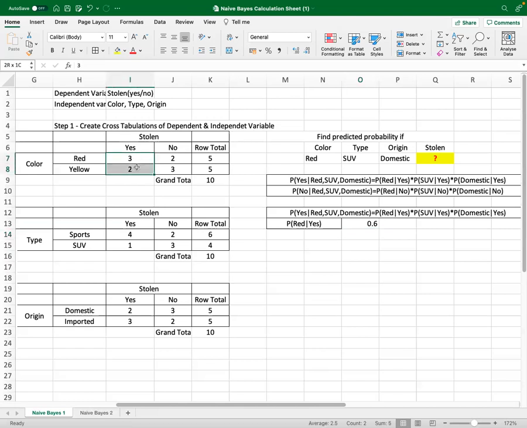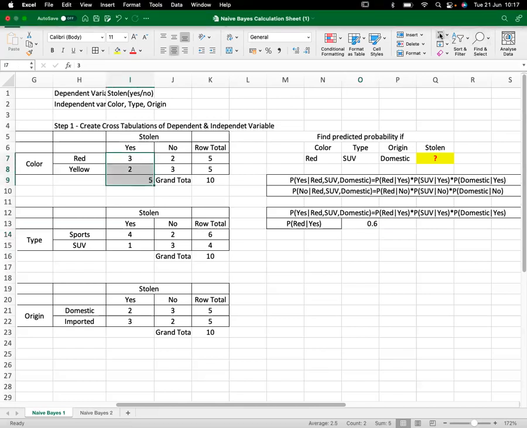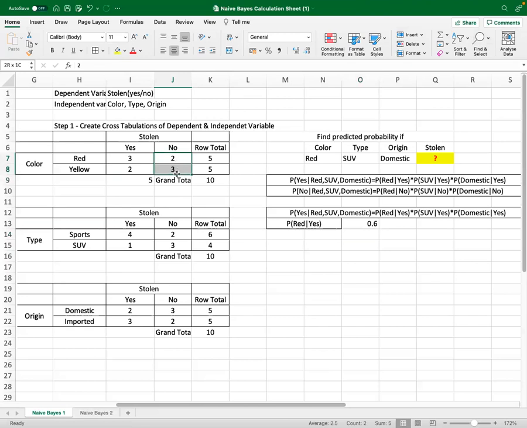That's what I used. Is equal to 3 divided by 5.